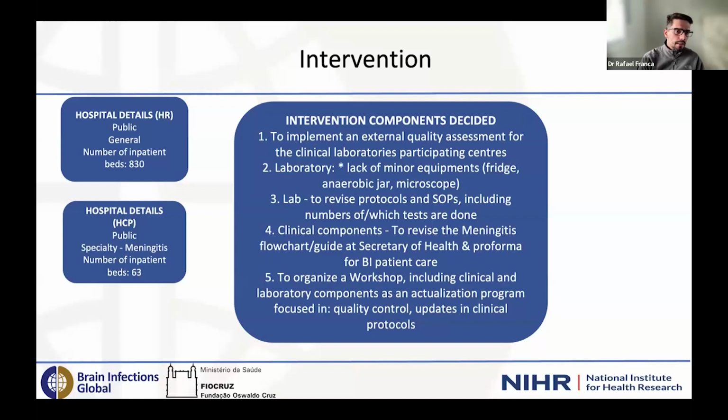We implemented external quality assessments for the clinical laboratory participant centers. We provided acquisition of minor equipment, for example, fridges, microscopes, and centrifuges. We also helped the hospital laboratories to revise the protocols, including the number of tests that were done.